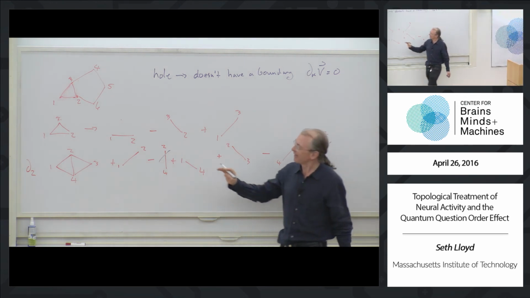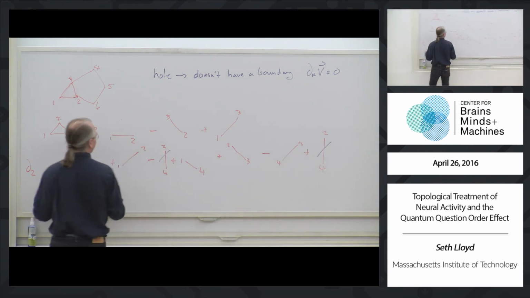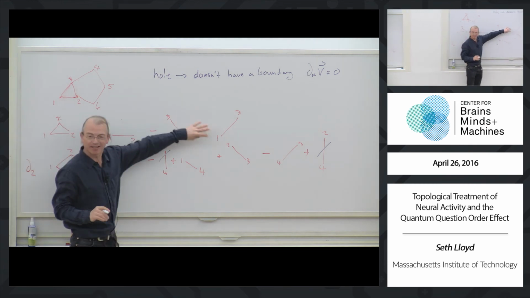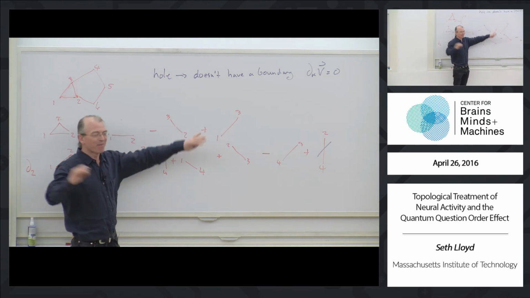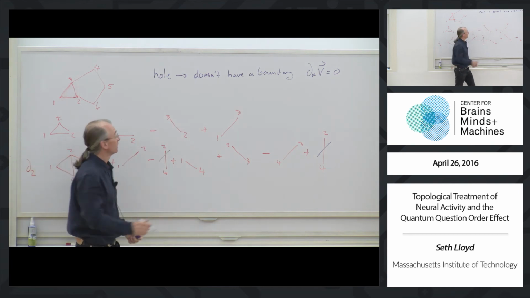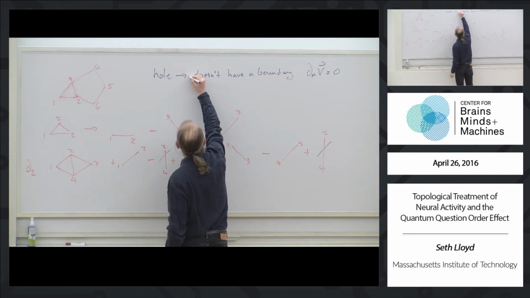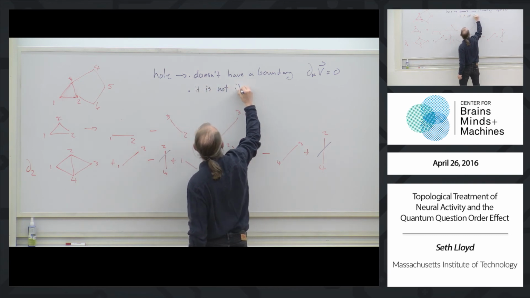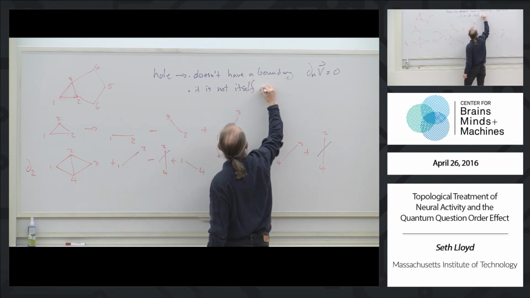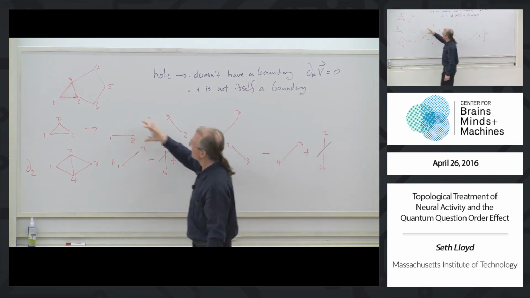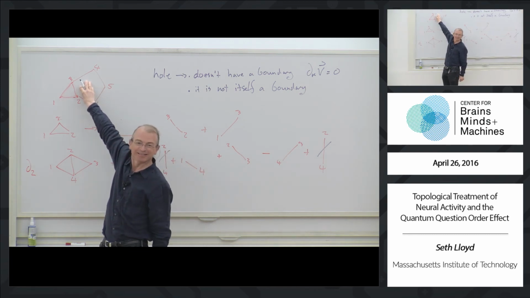Now, of course, there are plenty of things that don't have boundaries. Like, for instance, the boundary of this simplex, if I took its boundary, that would be 0, 2. So a hole has another feature, which is the two features. It doesn't have a boundary, and it is not itself a boundary. Why? Because it's the boundary of the hole, right?